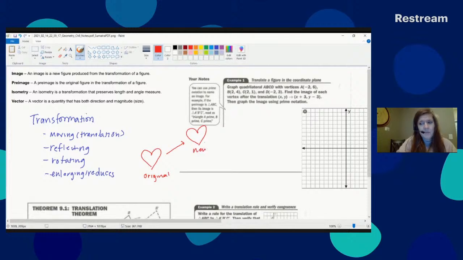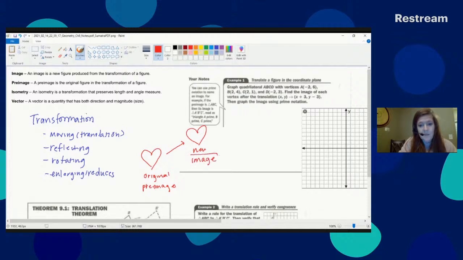So what I want to review with you is some terminology. We call this original figure the pre-image, and we call the new figure the image.